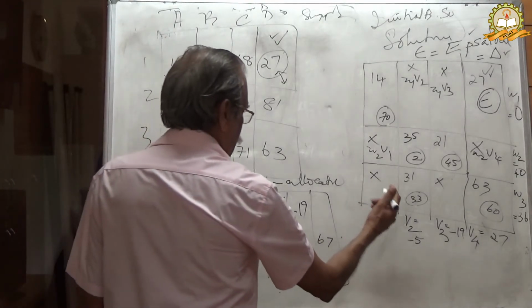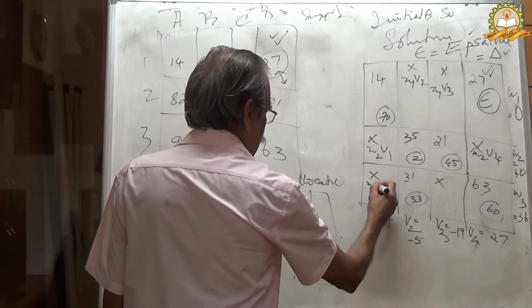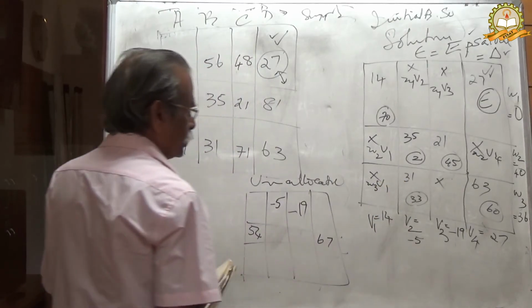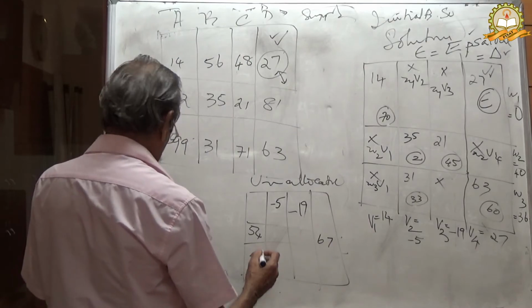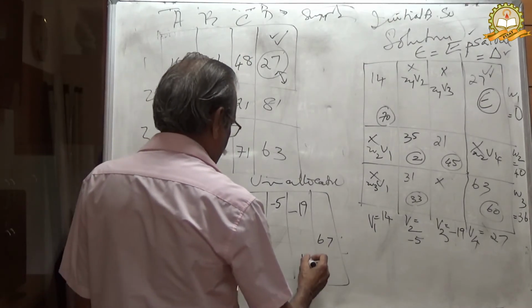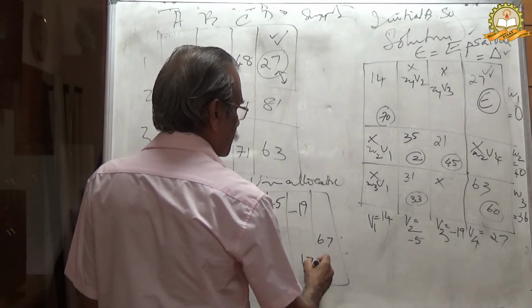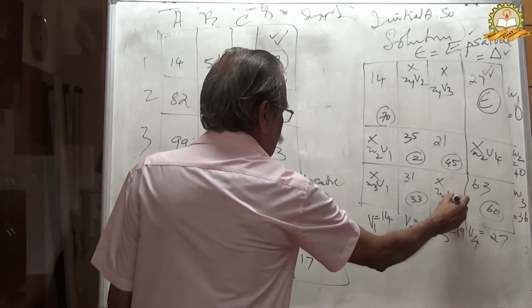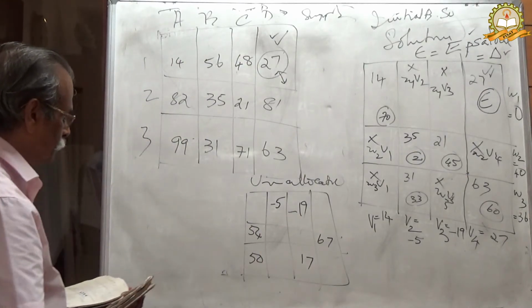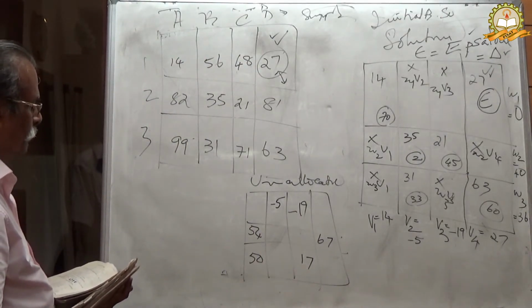And this one U3 V1, 50, and the last one 17. Either U3 V3 17, unallocated.